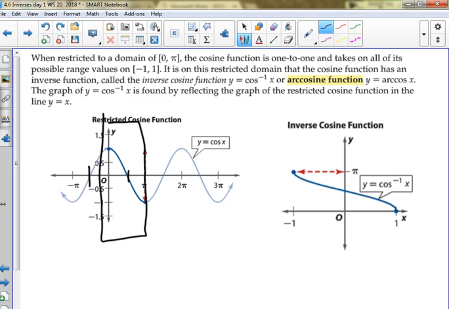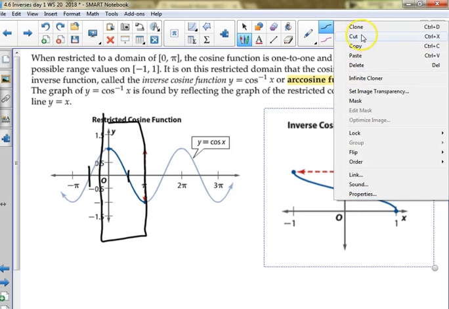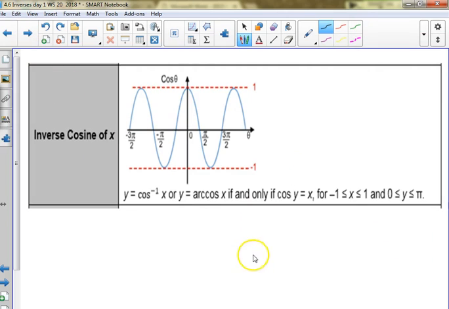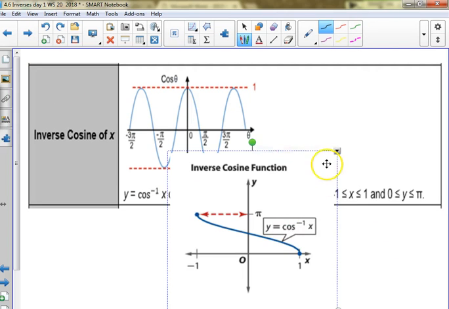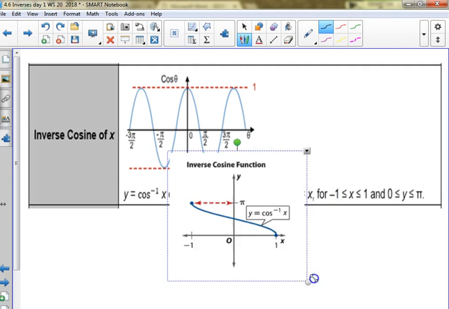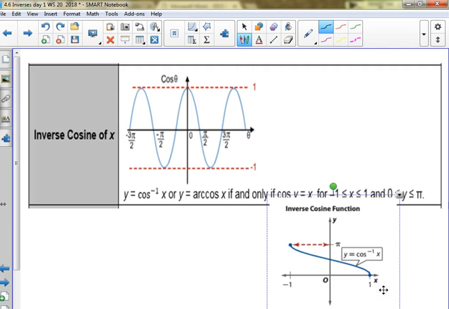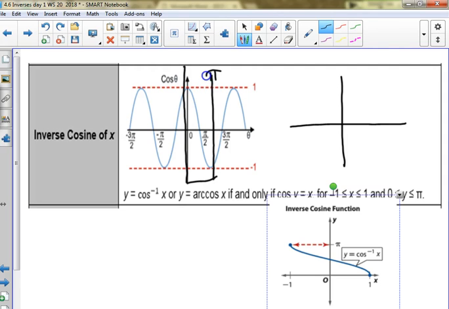Okay? I am going to paste this guy over here so that I can draw it a little better. I'll try to draw it freehand, though, just so that you're doing the same thing I'm doing. We're going to restrict it from 0 to what did you say this value was right here? Pi.